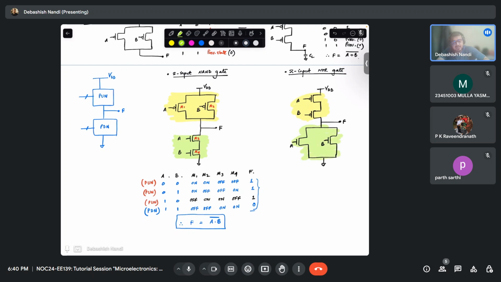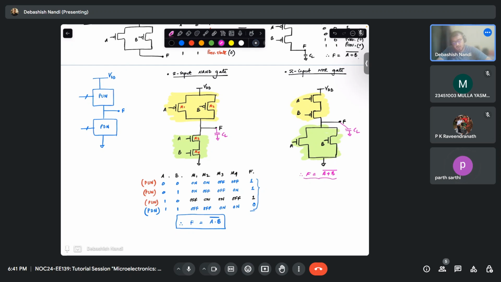You just do the similar kind of analysis, assuming a load capacitance here, which is getting charged and discharged. You can easily see that this type of contraption is giving you OR operation. Okay. So far, is it clear?